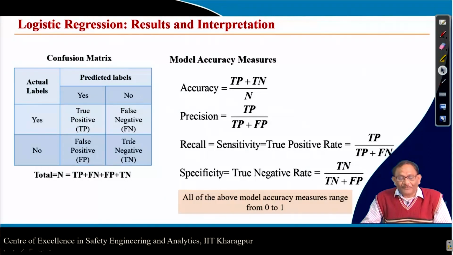So, this kind of confusion table you can create, and the total will obviously be the true positive plus true negative plus false negative plus false positive.